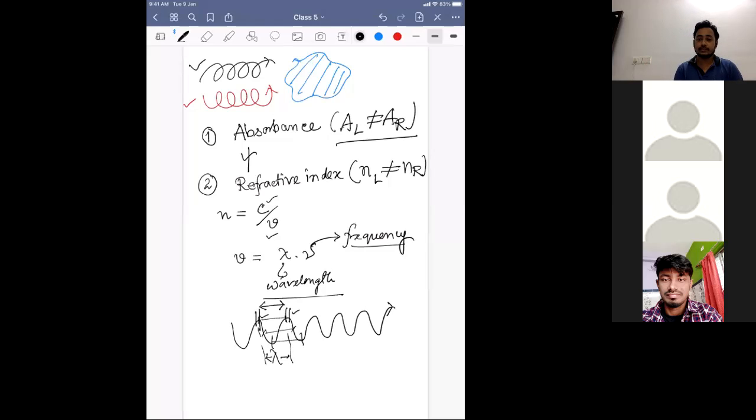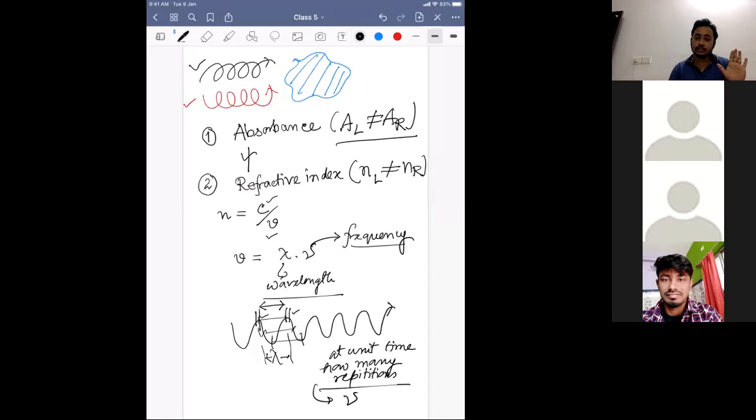And what is frequency? In unit time, how many such repetitions you are seeing. That is going to give you the frequency of the light.